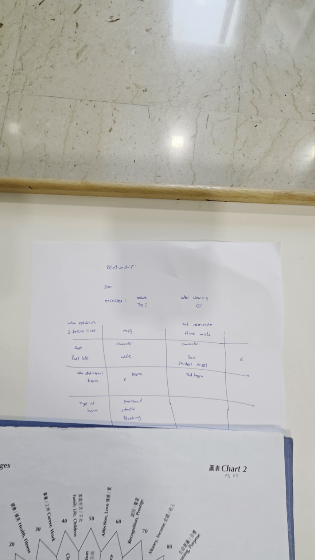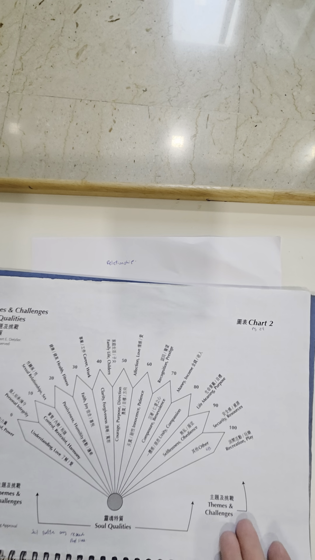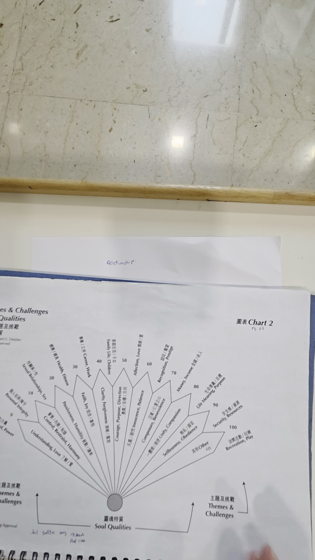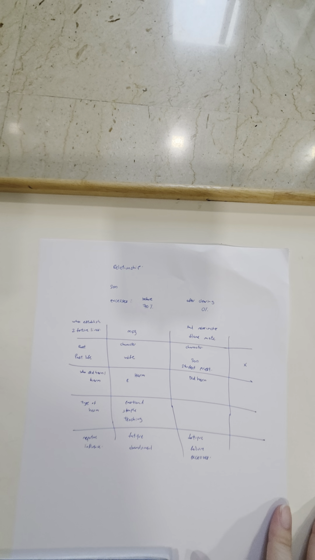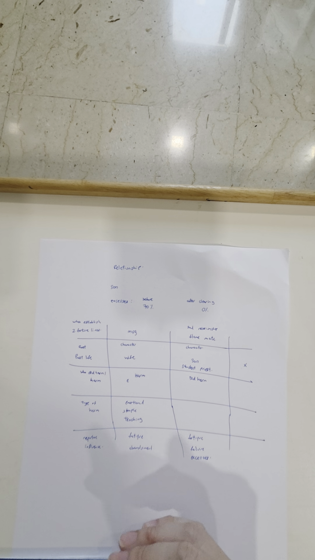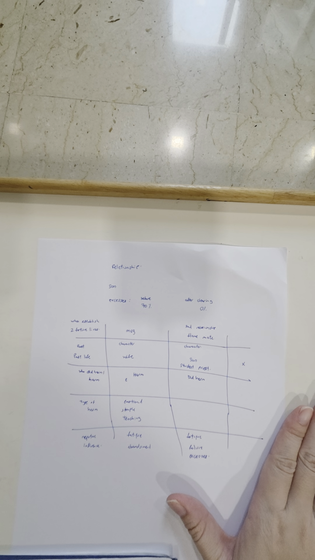So this is overall a summary of how a full research is done. Regardless of whether it's in terms of relationship, it can be any of your soul qualities, themes and challenges. As long as your high self says research is required, a process like this will be done, and we'll identify all the negative influence that comes together with each event, and then we'll clear it.